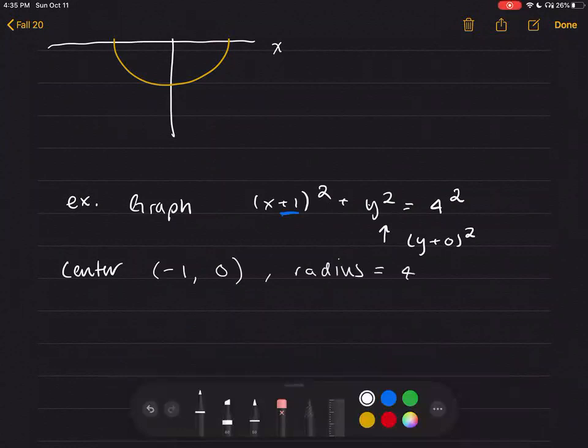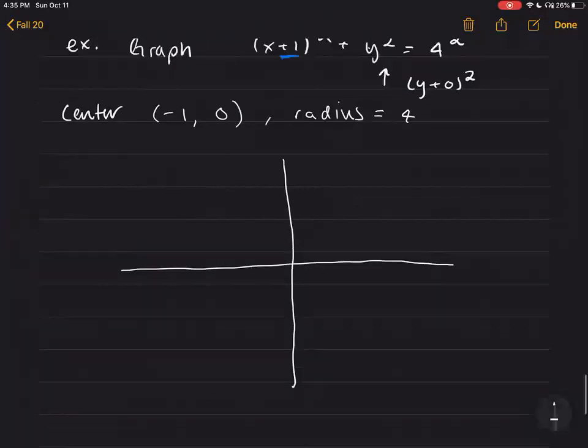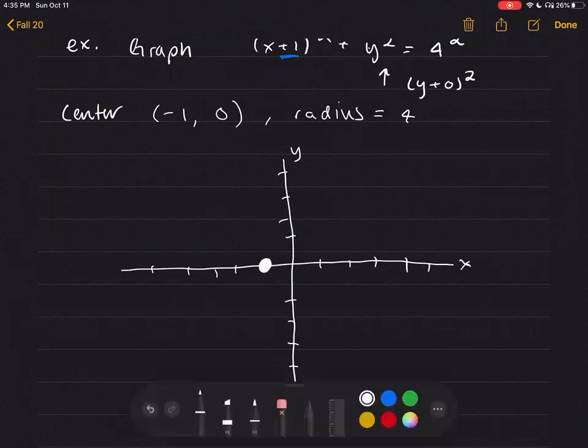And so if we were to graph this circle, we would put its center at (-1, 0), which would be one step in the negative x direction and then nowhere to go for the y direction. So it's just going to be right there.